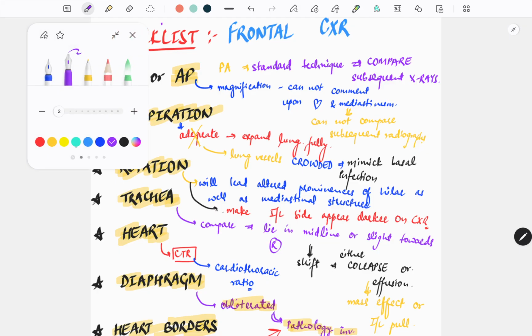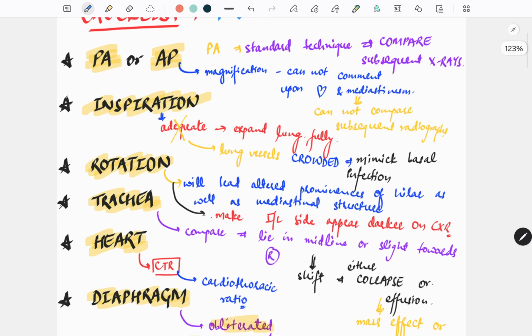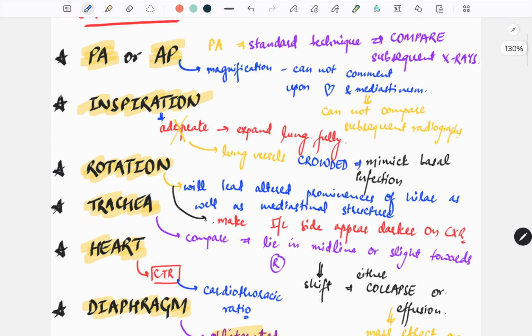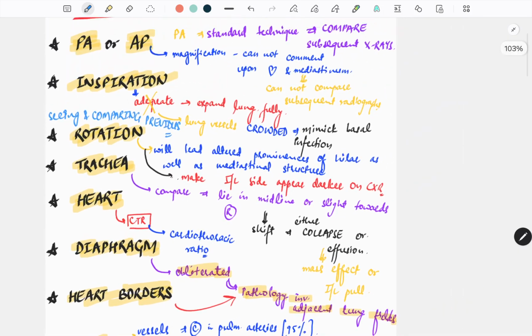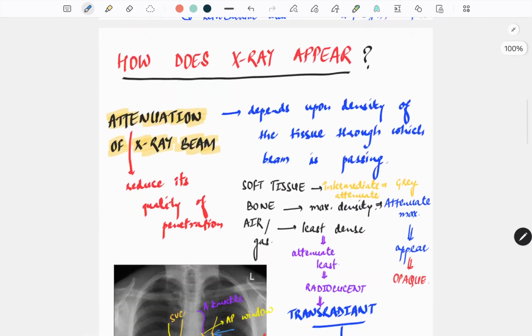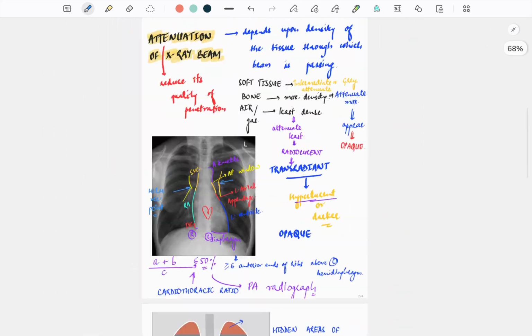One more point that should be added here is seeing and comparing the previous X-ray. That should be added.